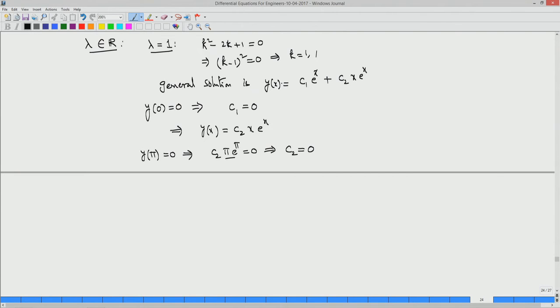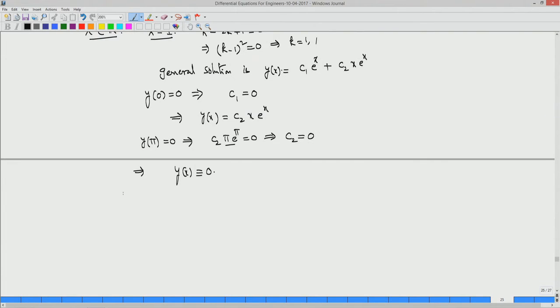So the solution satisfying these boundary conditions becomes y(x) identically 0. That means λ equal to 1 is not an eigenvalue.